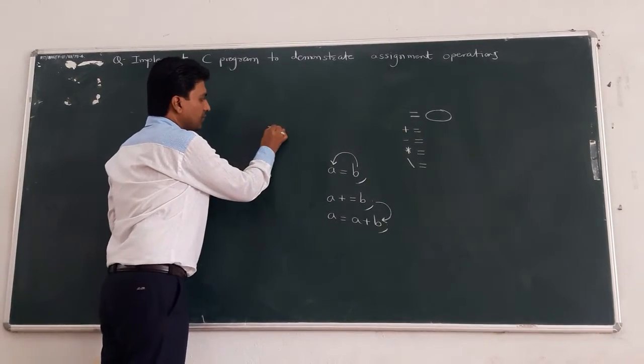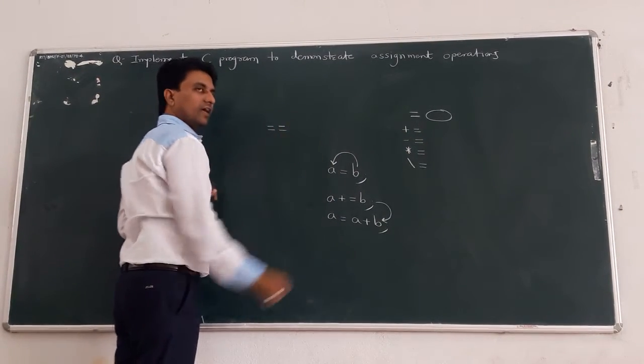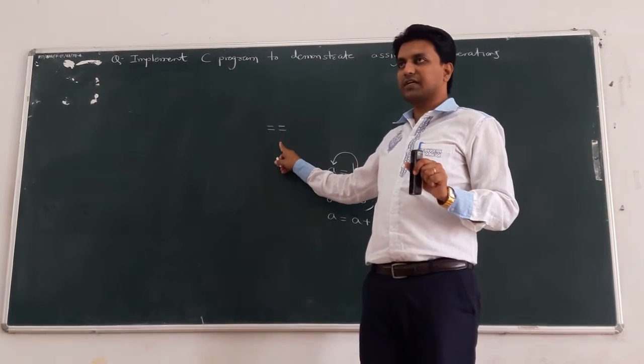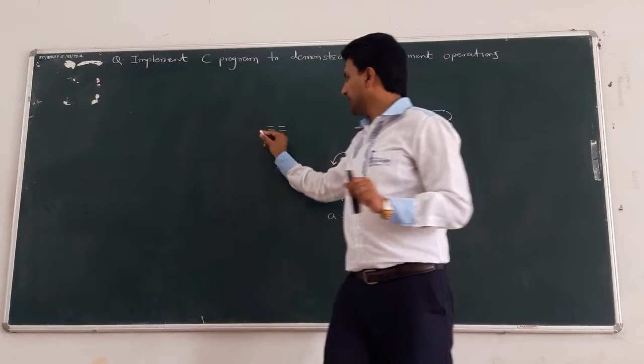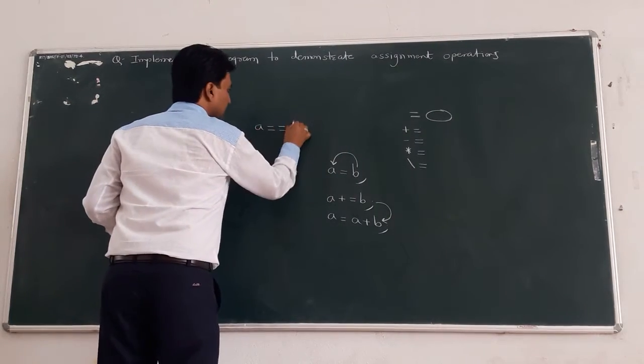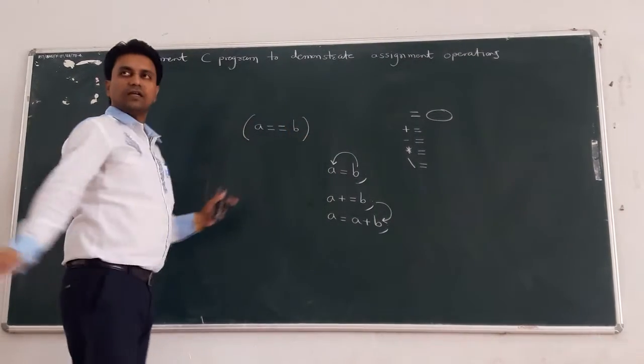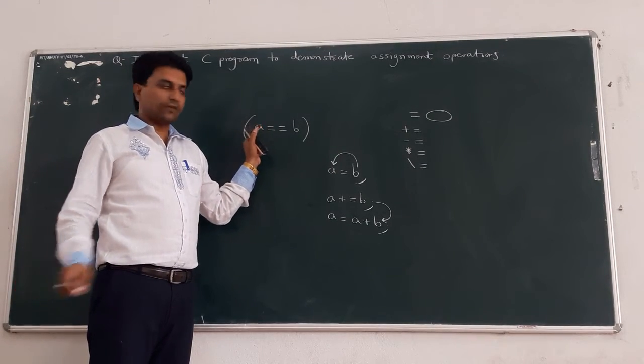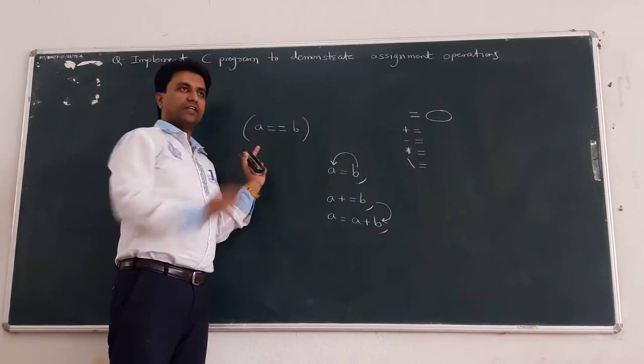But double equal to is not an assignment operator. This is a relational operator which gives the relation between a and b. Clear? So it is a relational operator. Double equal to is a relational operator which gives the relation between the a and b variables.